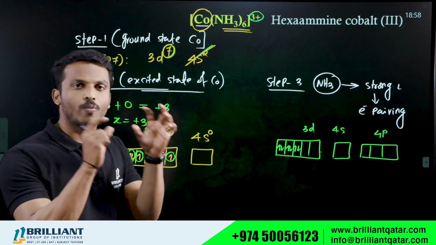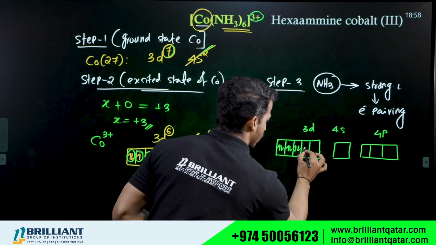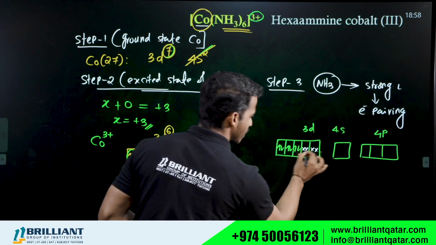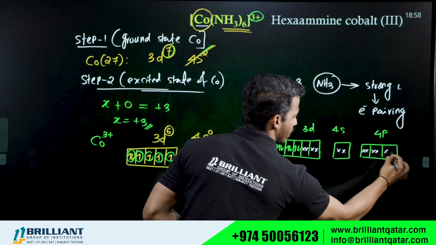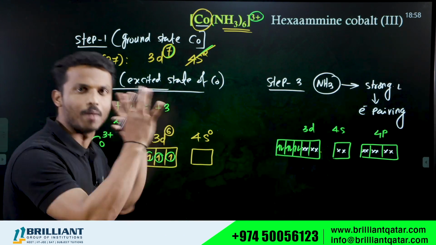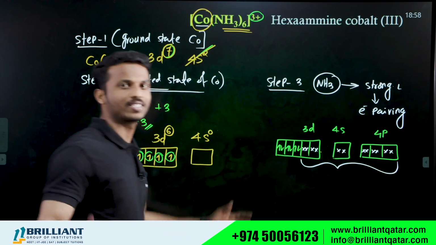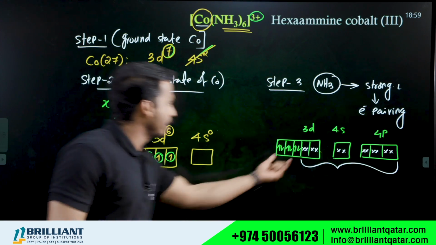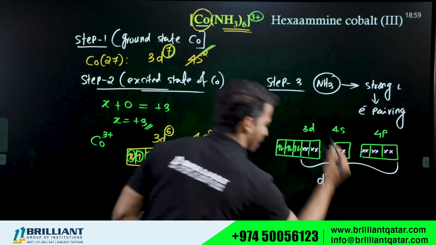Alright, then those vacant orbitals you can represent like this with a cross. First, second, third, fourth, fifth, sixth. These are the 6 orbitals which are occupied by ammonia. Those orbitals you please mix. That is called hybridization. What are these 2 orbitals? D orbitals, right? d2. 2 d orbitals are there.